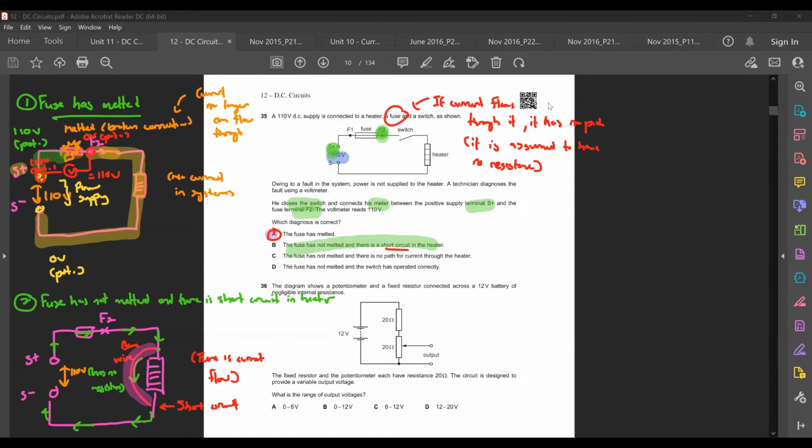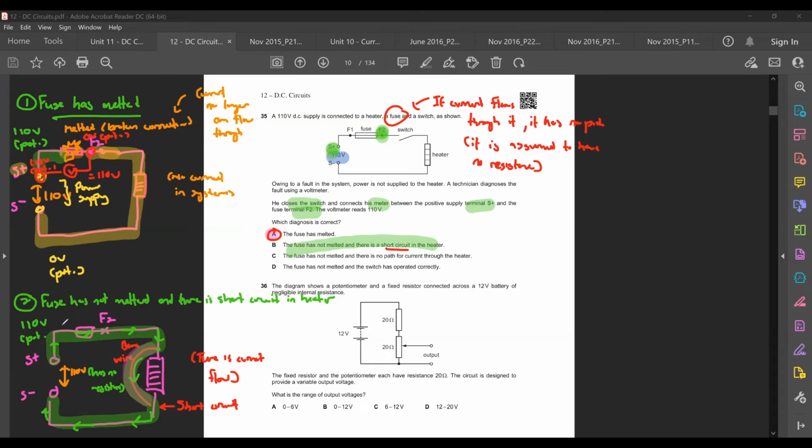So what I can say from here is basically this. I can think of this entire thing here as just 110 volts potential. There's no difference in potential anywhere in the circuit. There's no PD anywhere in the circuit because it did not go through any resistance.